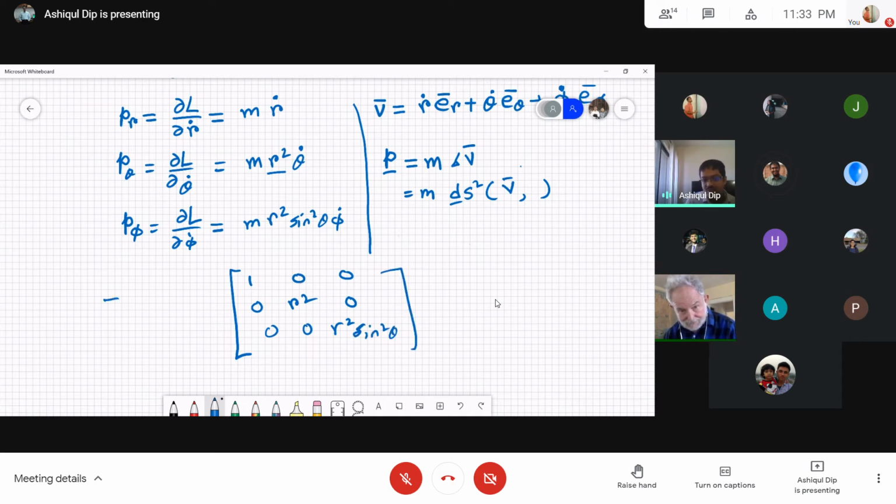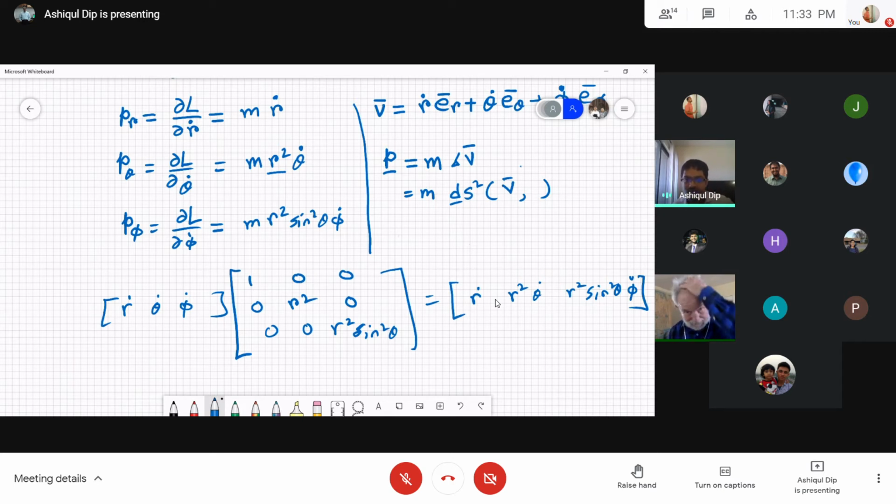Now if you multiply by this r dot, theta dot, phi dot, you'll get r dot, then r squared theta dot, and then r squared sine squared theta phi dot. And then if you multiply by m, you'll get the correct form. So does it seem more natural to you now?